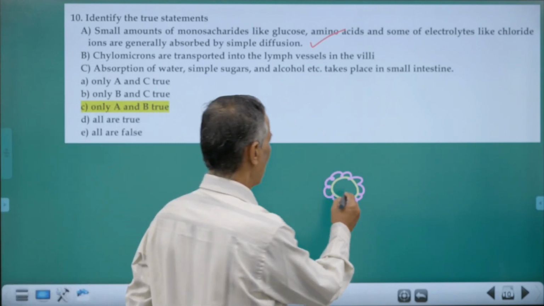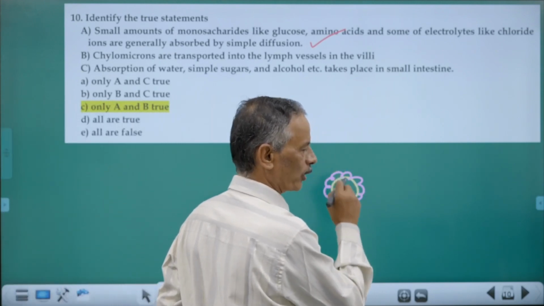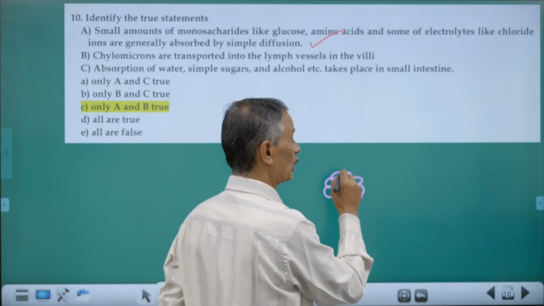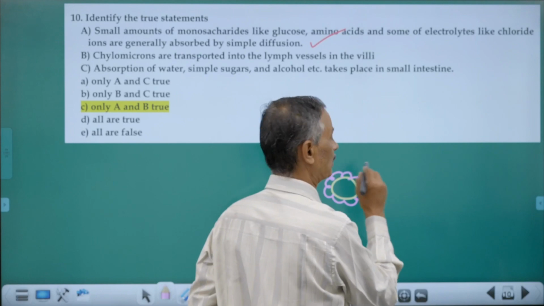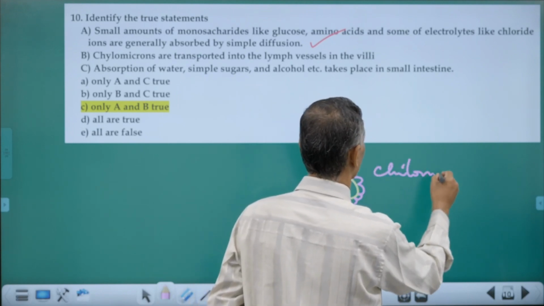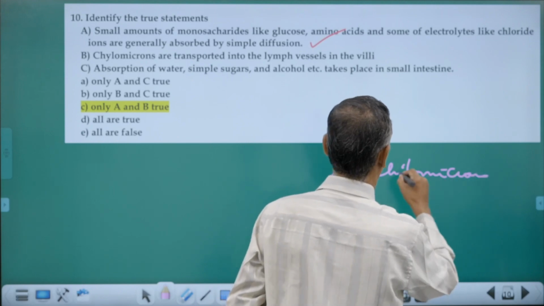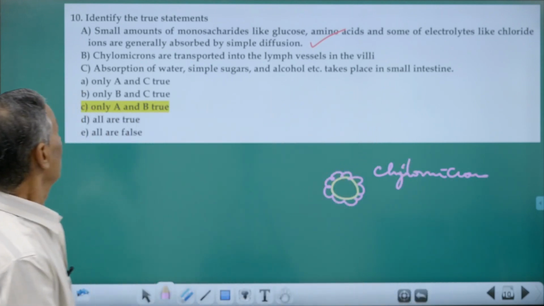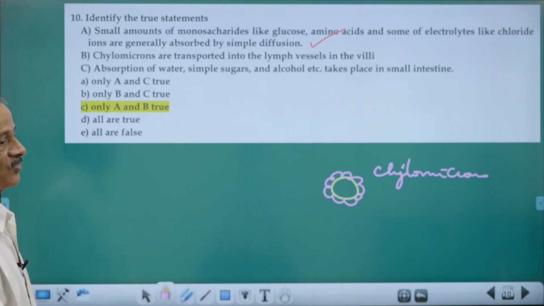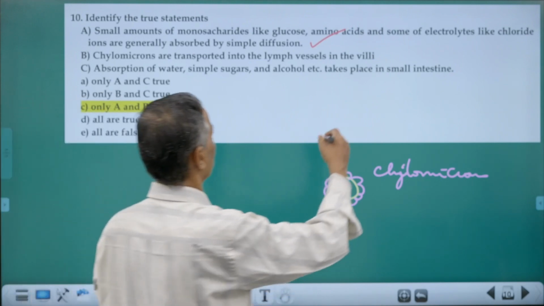Such large lipid molecules with a protein coating are synthesized within the Golgi complex of the epithelial cells. They are called chylomicrons. So chylomicrons are transported into the lymph. That's how they are all coming out of the epithelial cells. Now they are all taken up by the villi and transported.